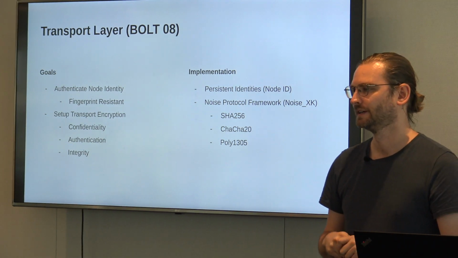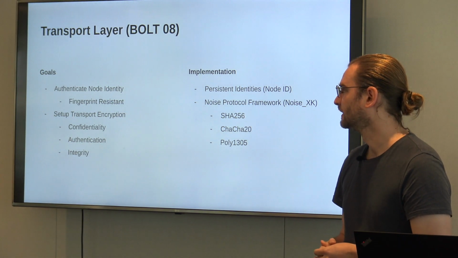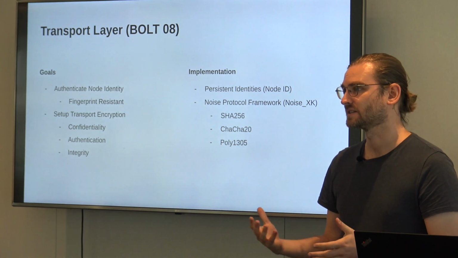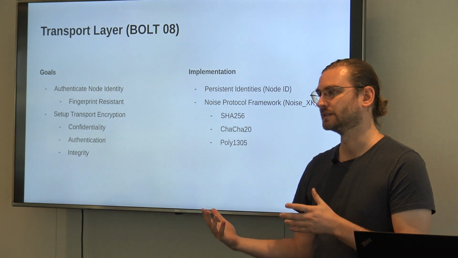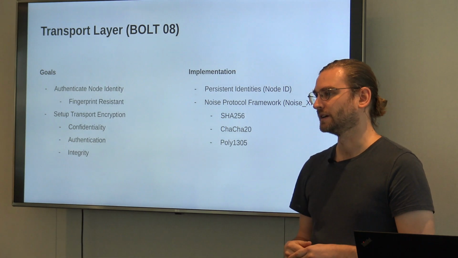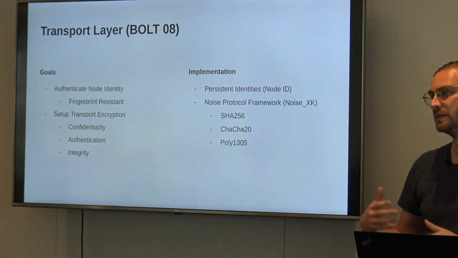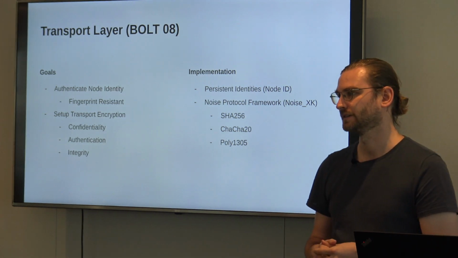It's just useful for addressability, and that's how we locate people in the network that we are trying to pay. Since we don't have addresses like we have in Bitcoin, we needed to go that way.